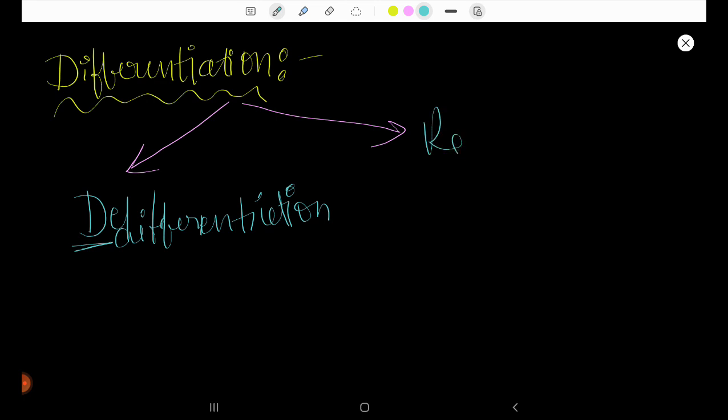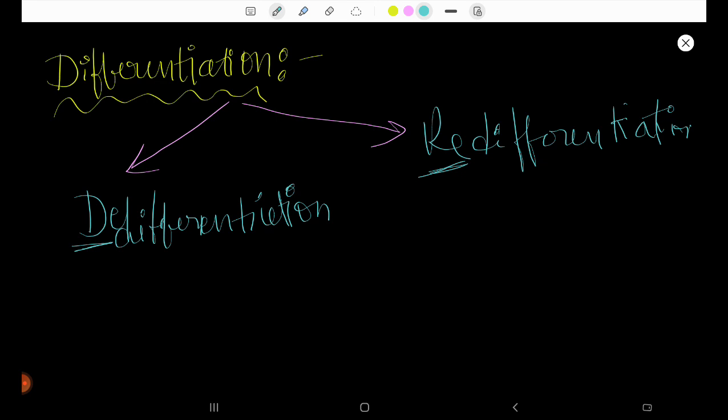The second one is redifferentiation. De-differentiation and redifferentiation. What is meant by de-differentiation?